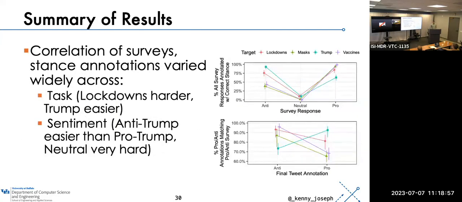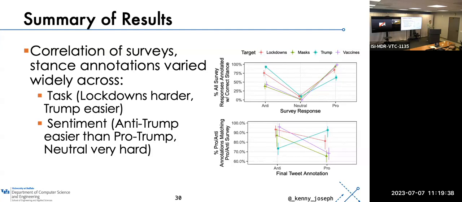Okay, so the summary here, we talked a little bit more about this in the paper, but the correlation between these differs based on which task you're doing. I'm not going to get into the actual numbers, but it was across the board much harder for lockdowns. Why? Because lockdown is a very weird topic, and people have vastly different opinions depending on what we're talking about, right? For example, a lot of people, myself included, struggled with the fact that school was closed for a year, right? Did I support that school was closed to prevent the spread of COVID? Absolutely.